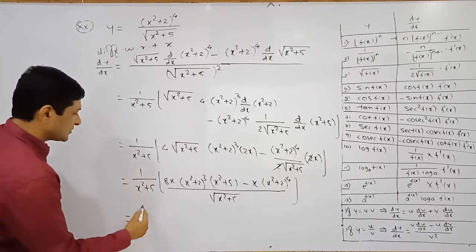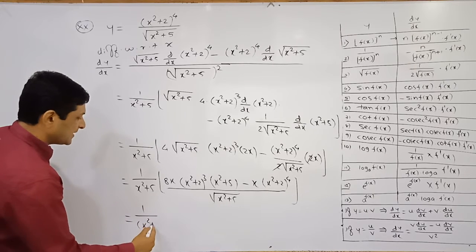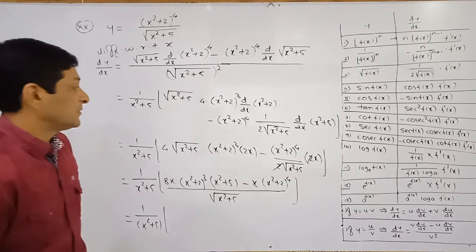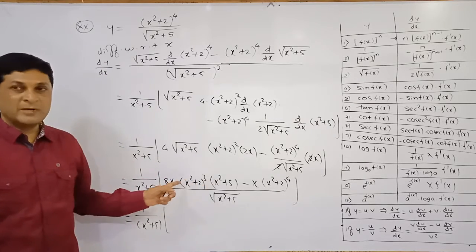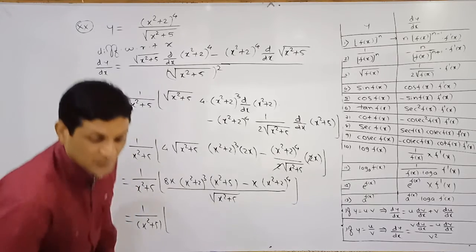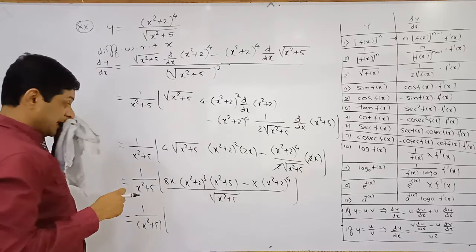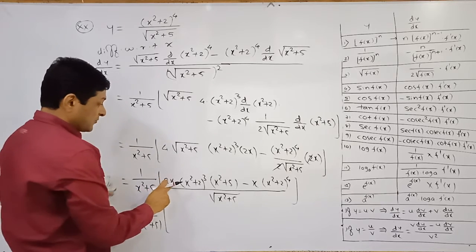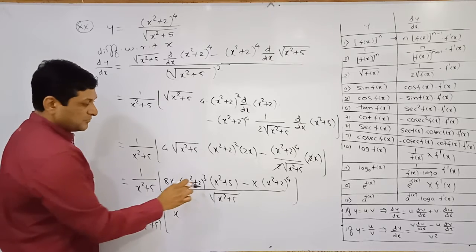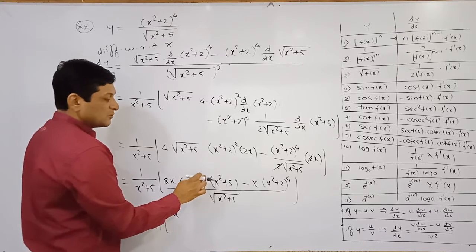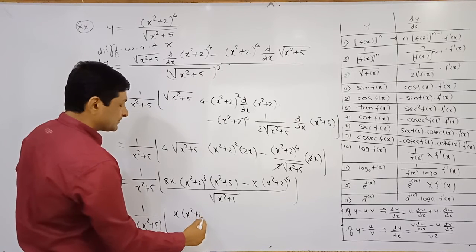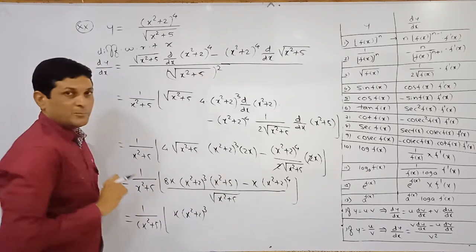So which is equals to 1 upon x square plus 5, you keep it as it is. If you observe this numerator very carefully, what we are able to take common here, we are able to take this x common from both the term. If we are taking x common from both the term, and again we are able to take x square plus 2 whole bracket cube common from both the term.